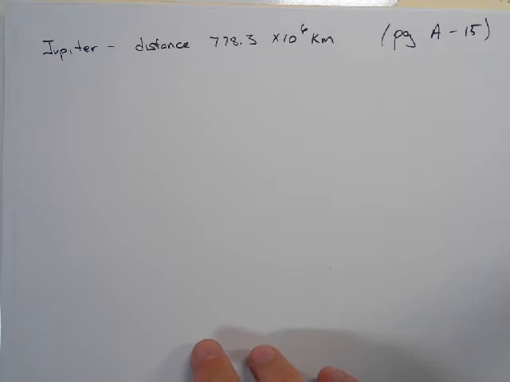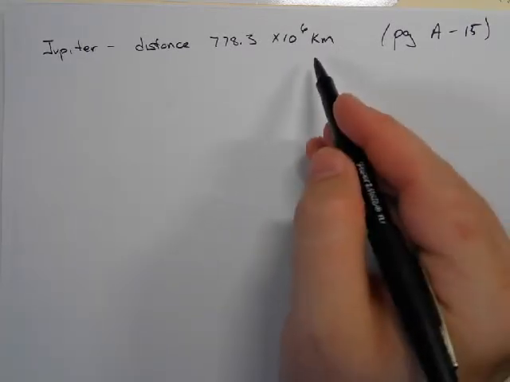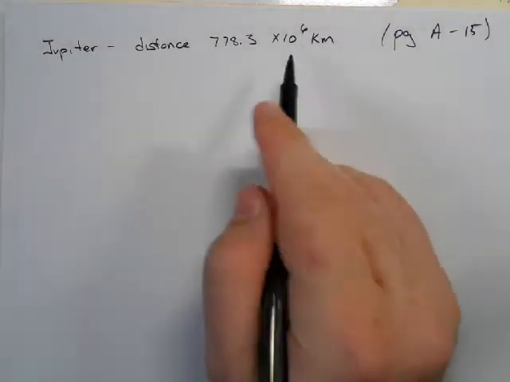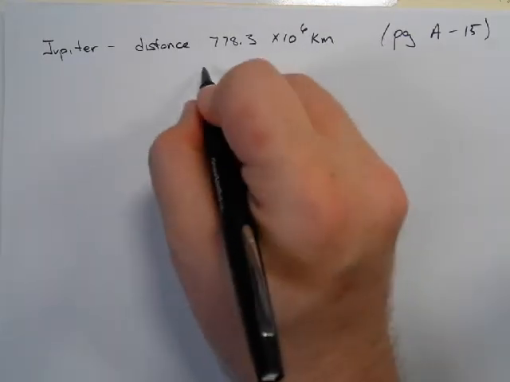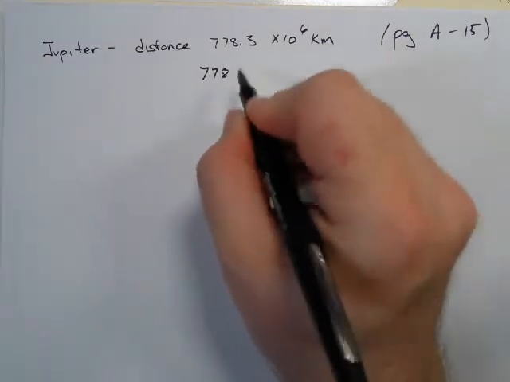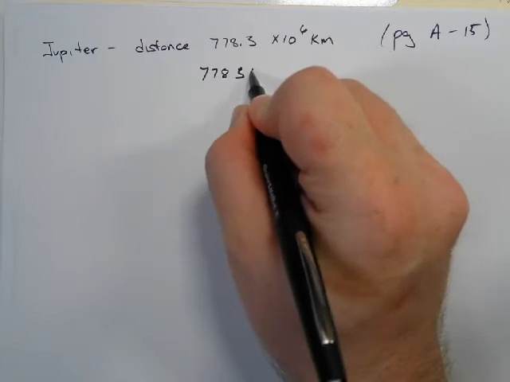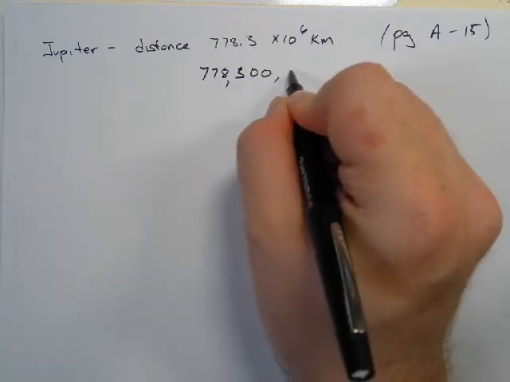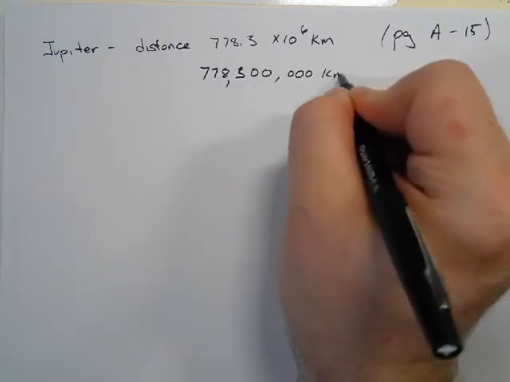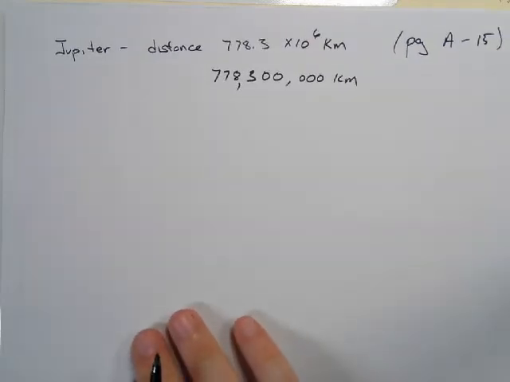This is a table called the orbital properties of the sun and the planets. I looked for the distance from the sun in 10 to the 6 kilometers. What this means is there are 6 zeros here. This is 778.3. That's what we have.